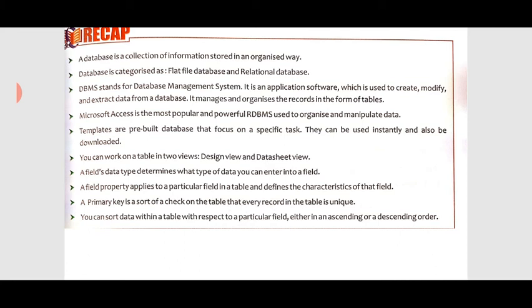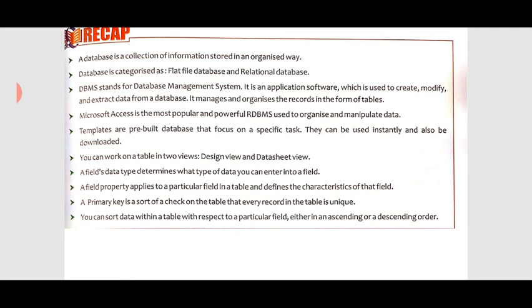Here you can see a database is categorized as flat file database and relational database management system. Flat file means a type of database where a relationship between two tables is not possible. Relationship means sharing of data and sharing of records, and relational database means this relationship is possible between two tables.